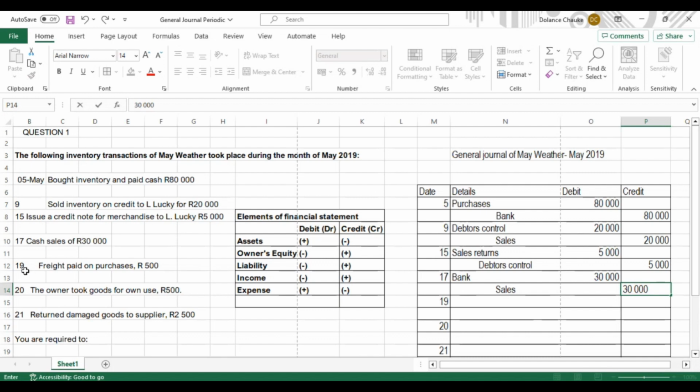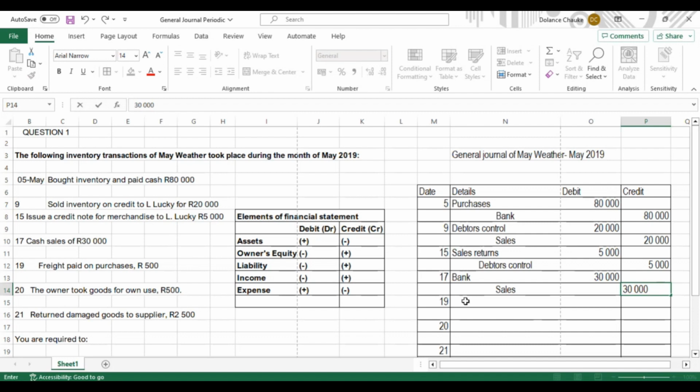The transaction that happened on the 19th says freight paid on purchases. Two accounts are affected there: freight fees or freight charges, and bank, because we paid for cash.